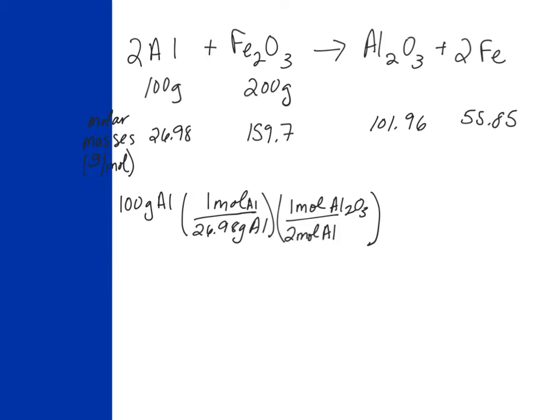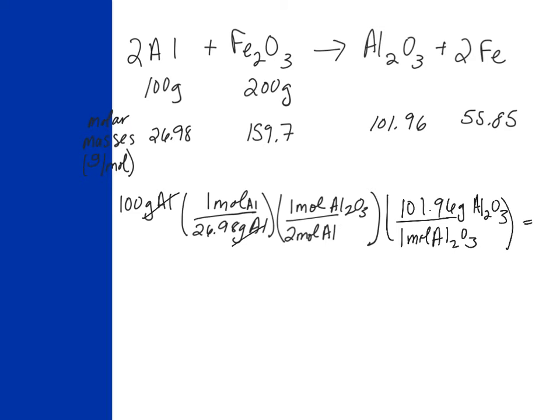Then we can convert back to grams using the molar mass. So since moles is on top, we're going to put moles on the bottom, moles of aluminum oxide for every 101.96 grams of aluminum oxide. I'm going to check real fast that all of my units cancel out. So we started off with grams of aluminum on top.